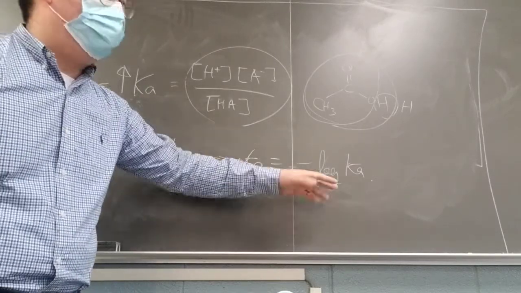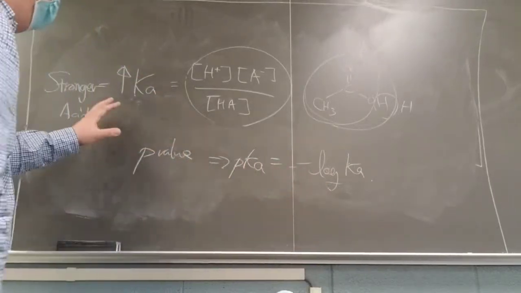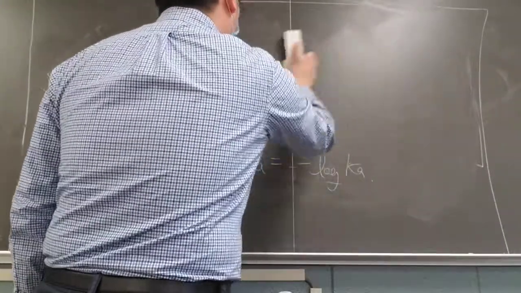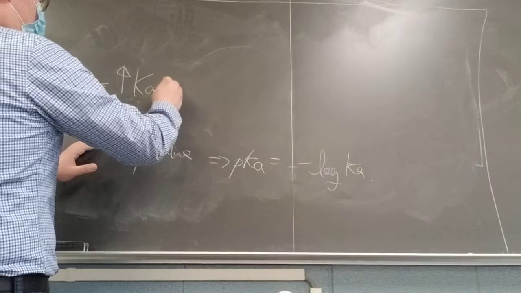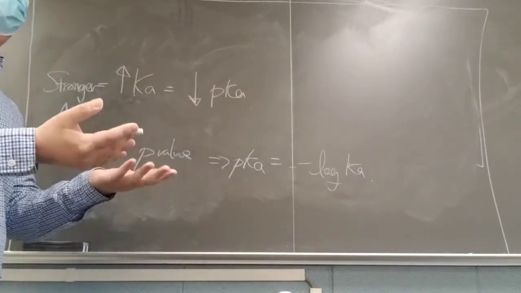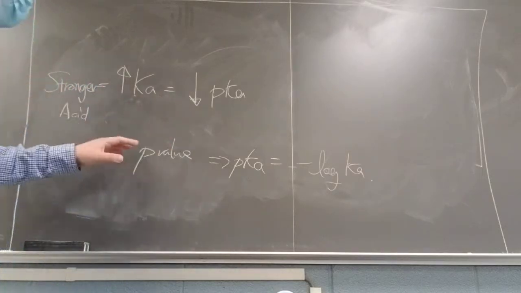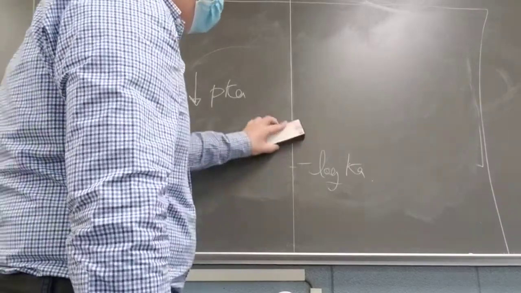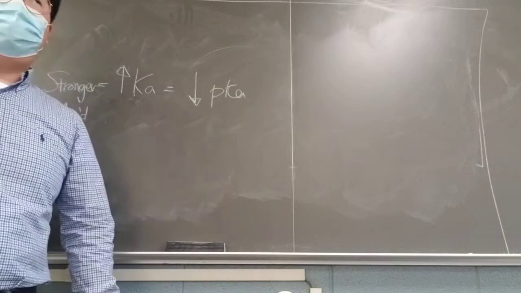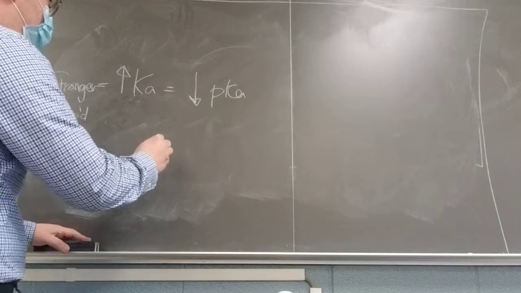But it gives you much nicer numbers because it's in a log. The only thing you have to know is whenever you have a higher Ka, meaning a stronger acid, that shows you a lower pKa, in a much nicer form, one or two figures of integers. This is something I want you to remember.